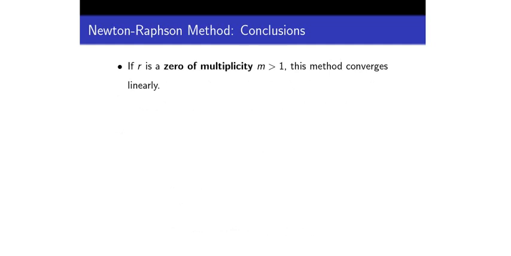So you have to go for the similar scheme, that xn plus 1 is equals to xn minus f of xn divided by f dash of xn, and try to show that this method converges linearly. So if r is a 0 of multiplicity m, more than 1, that you can do as an exercise. It's a very simple exercise to do.